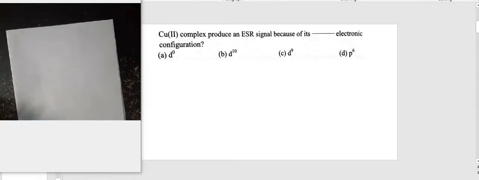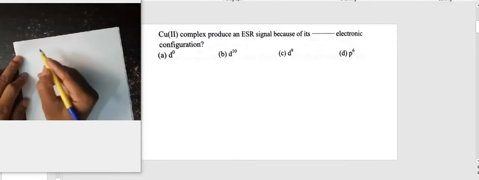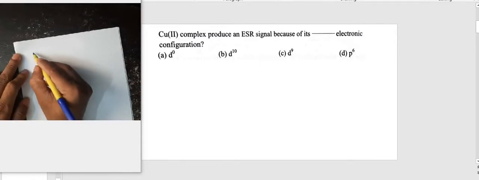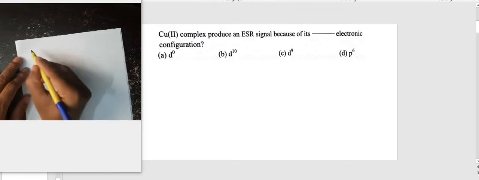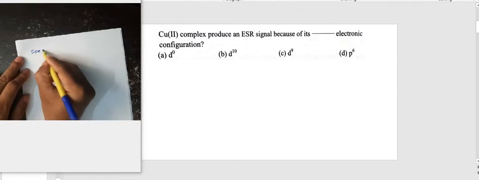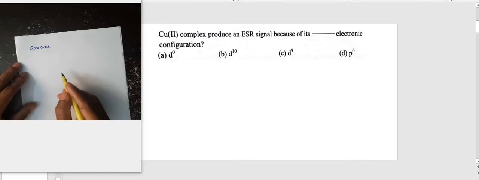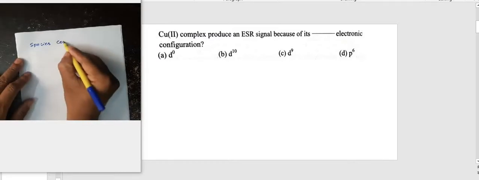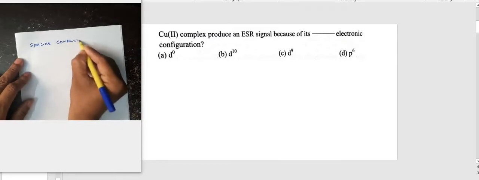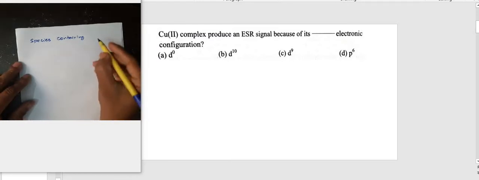So this is question number 1. Copper 2 complex produces an ESR signal because of its dash electronic configuration. We know very well that paramagnetic species are species containing unpaired electrons.